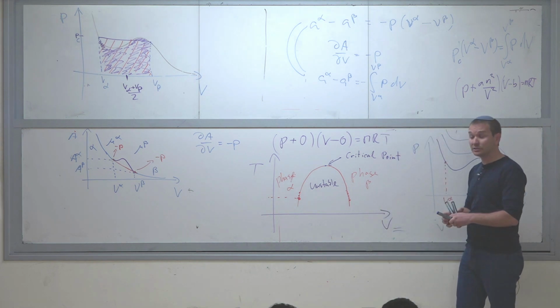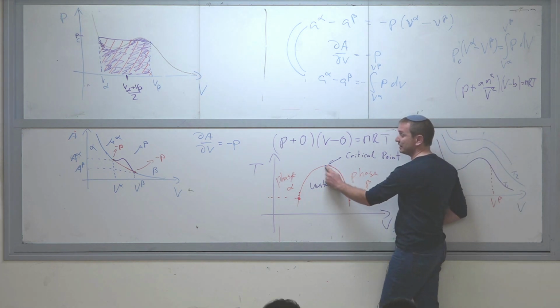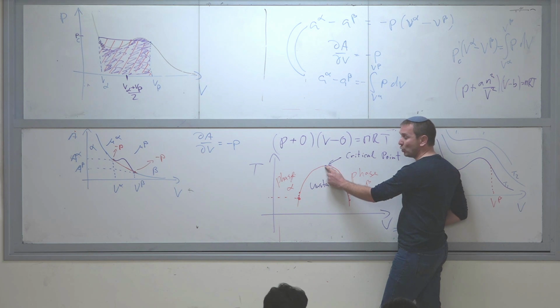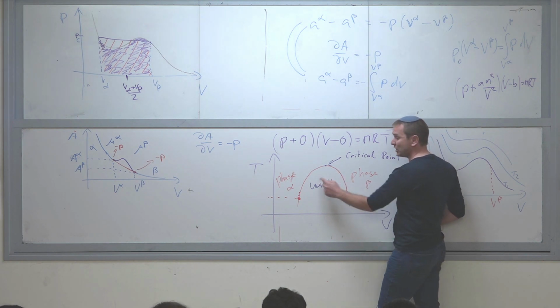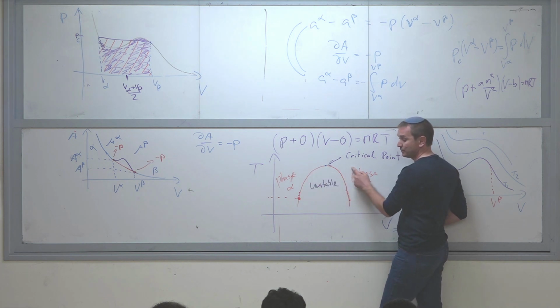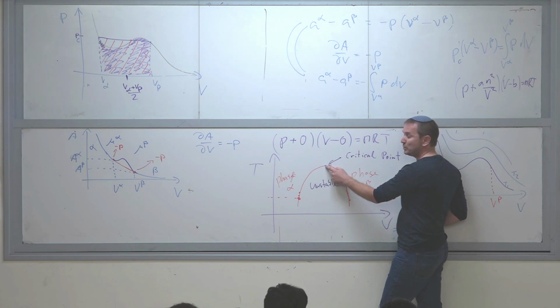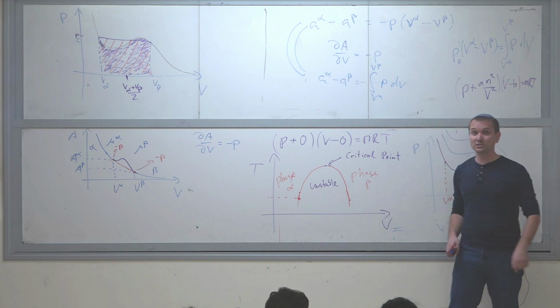What happens at this critical point? What you see is that at a given temperature, there is only one single volume. Okay? Only one single volume. So there is a phase transition exactly at this point, but there is no jump in the volume between phase alpha and phase beta, between the liquid and the vapor. There is no jump in the volume. Of which order is this critical point? This is a second order phase transition. Okay?